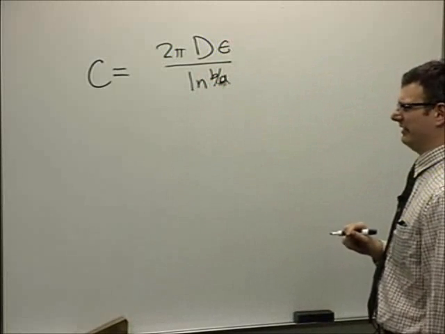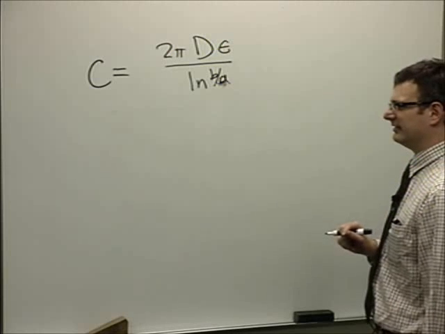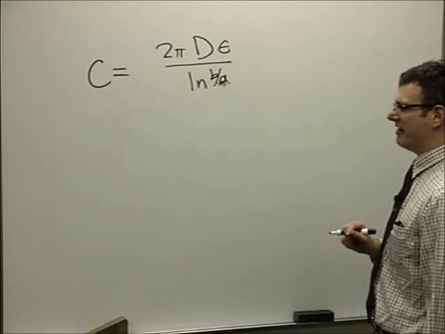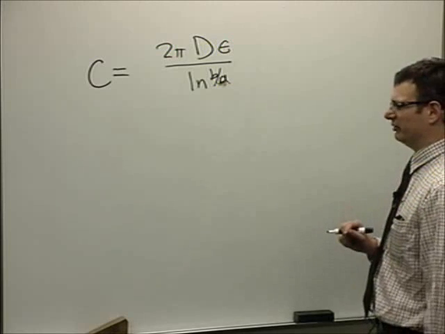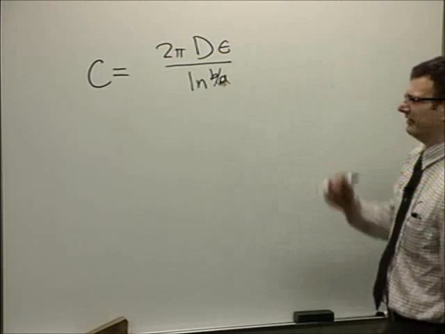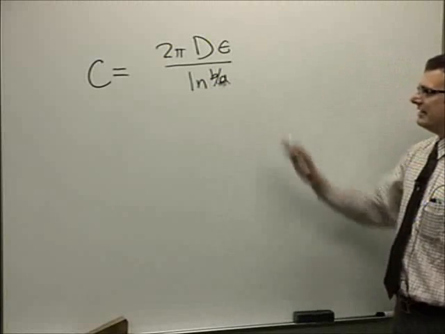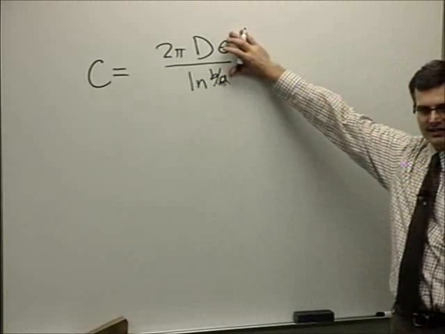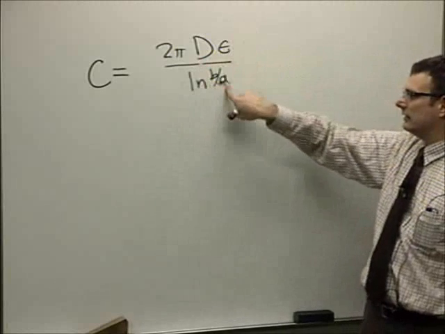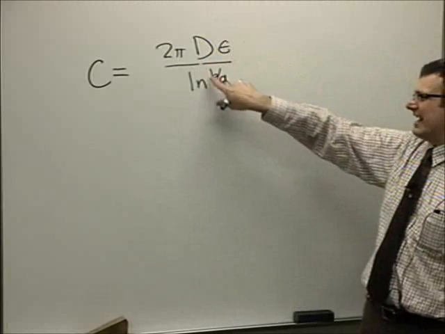How did that happen? Oh, my voltage. Oh, you're right. My voltage is negative. Flip it. Let's get the polarity right. So then I get this. This is the capacitance of a coax of length D with inner radius A, outer radius B.